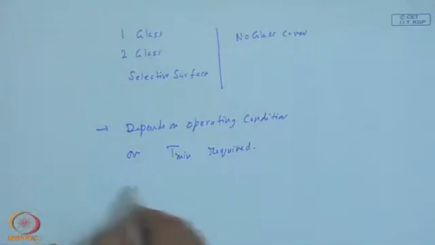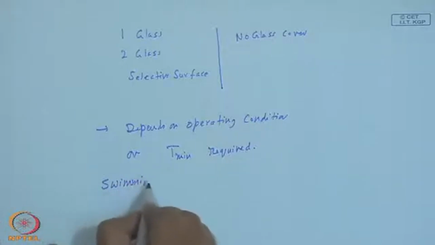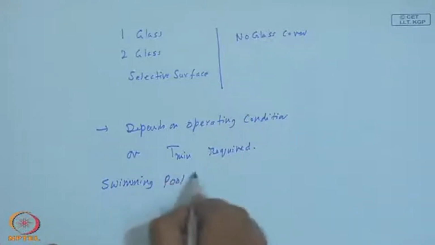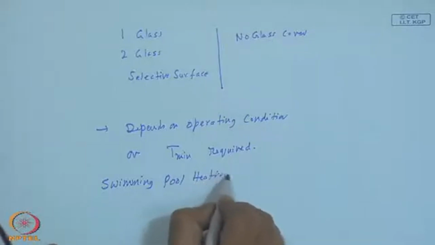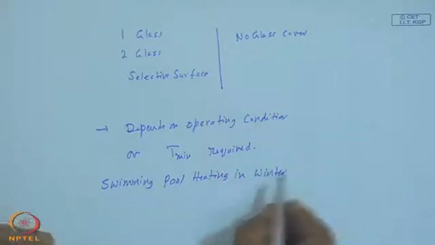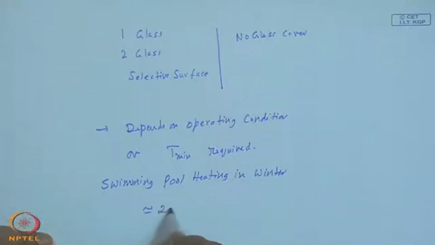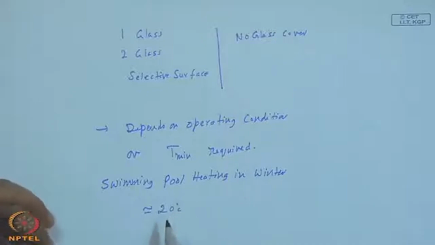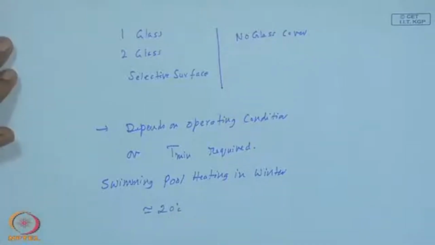One example that comes to my mind is swimming pool heating. Let us say in winter. So, you can maintain a temperature of approximately 20 degrees C instead of 11, 12, 14. Okay. We do not consider lower temperatures, because then possibly people may not like to swim unless it is indoor and this, and it can be easily heated by a solar collector with no glass cover.